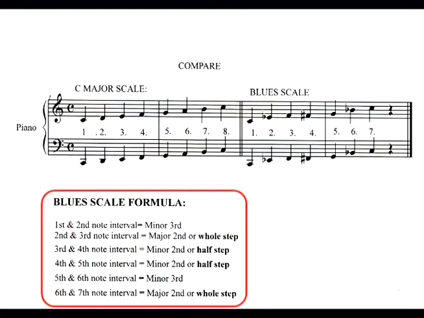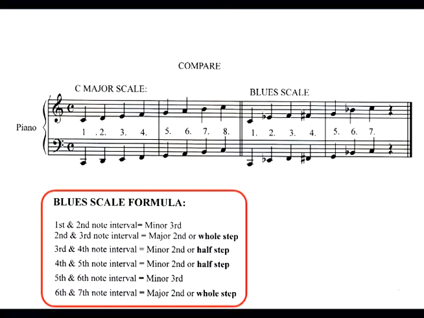Between the first and the second note of the blues scale, we have a minor third. Then from the second to the third, we have a whole step or major second. And then we have the half step or minor second between the third and fourth note. Third and fourth and fifth note, another half step. And then we have another minor third.